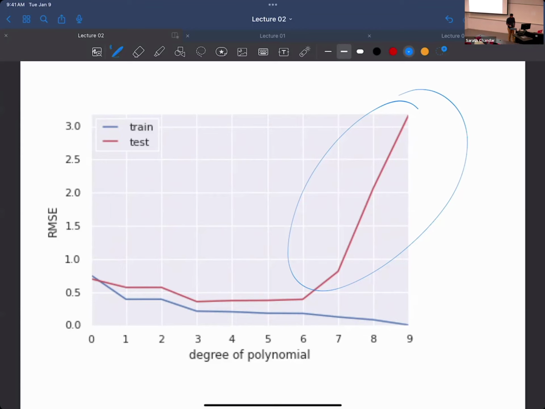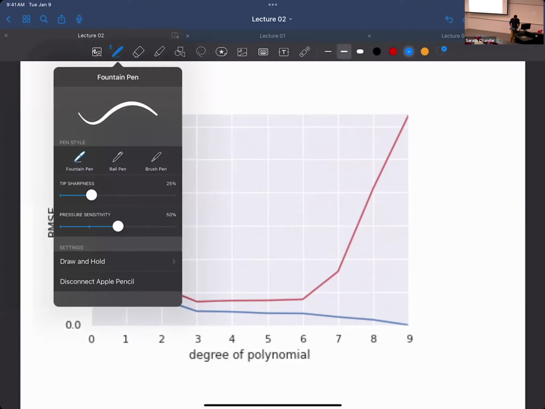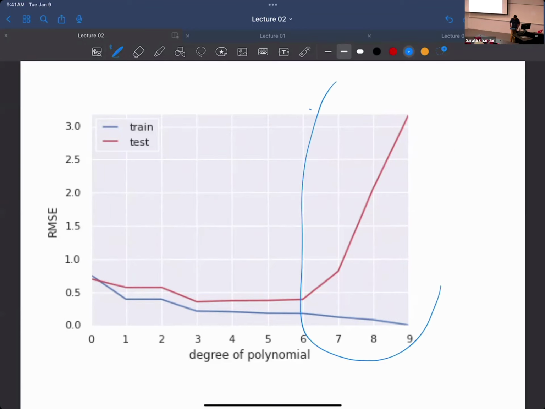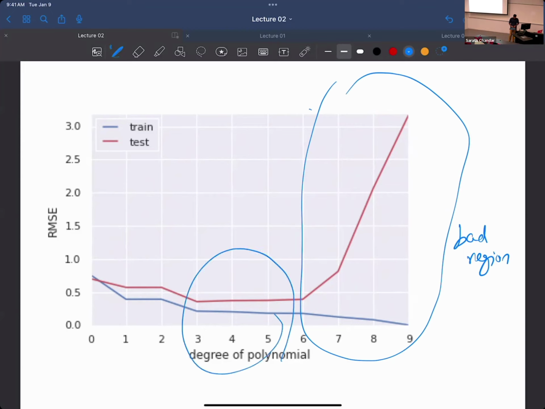We're going to call this region, where the training error is going down but the test error is going up, a bad region. And this is roughly the good region.